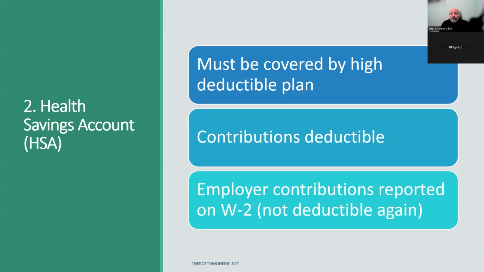High deductible is usually over $5,000, $7,000. So your first $5,000 to $7,000 of medical expenses come out of pocket, but you can contribute to this HSA. And you can take the money out then and pay for your medical expenses when you're in a high deductible plan.